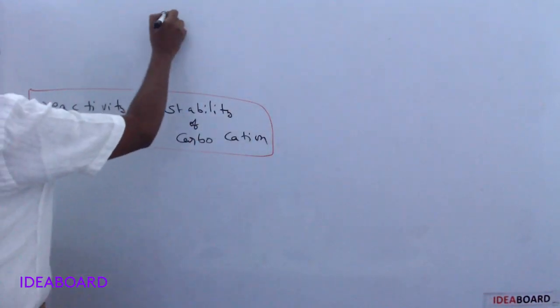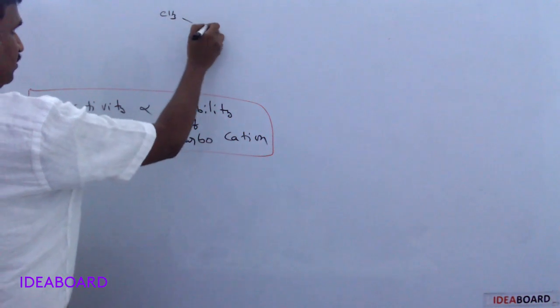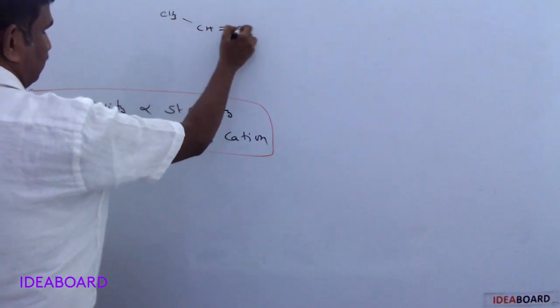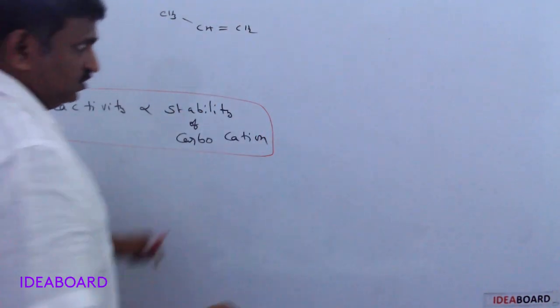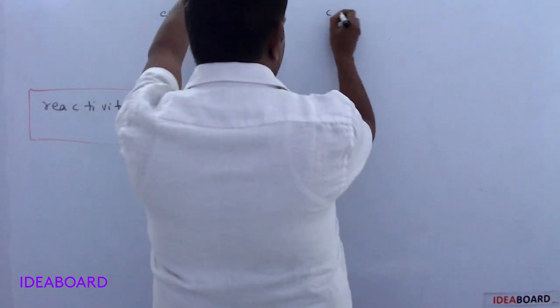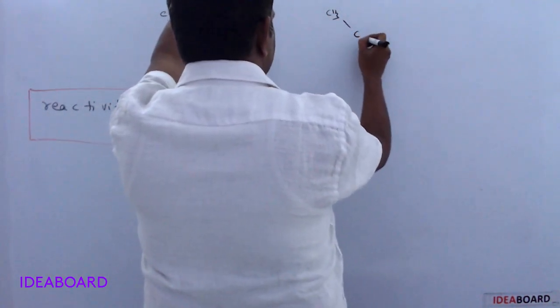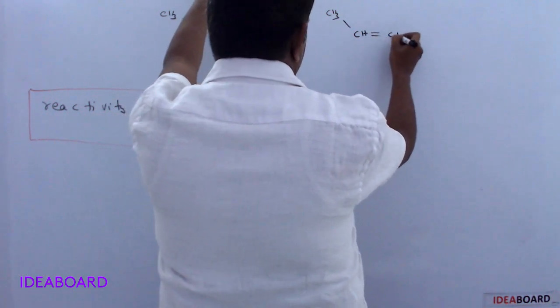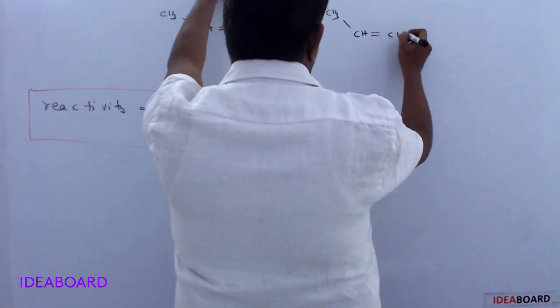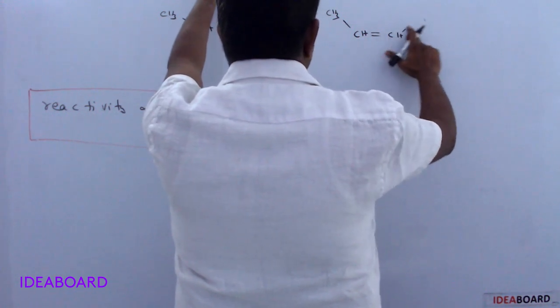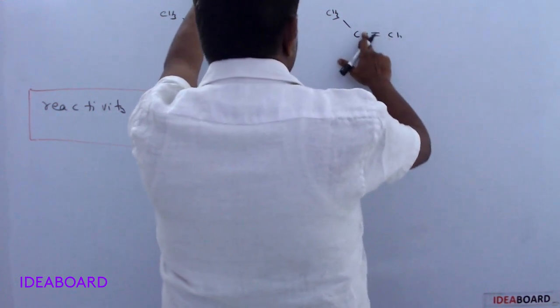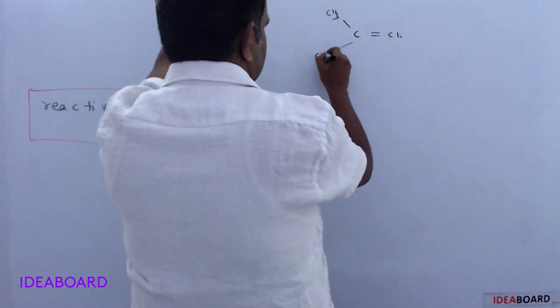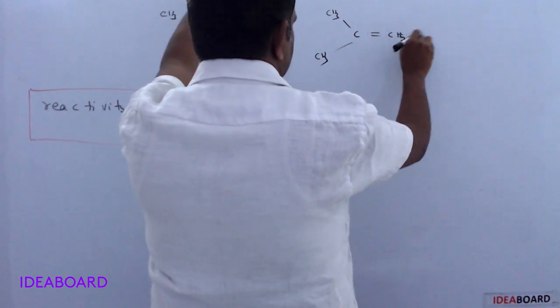For example, we have CH double bond CH2 and suppose we also have CH3 CH double bond CH, CH3 and CH2.